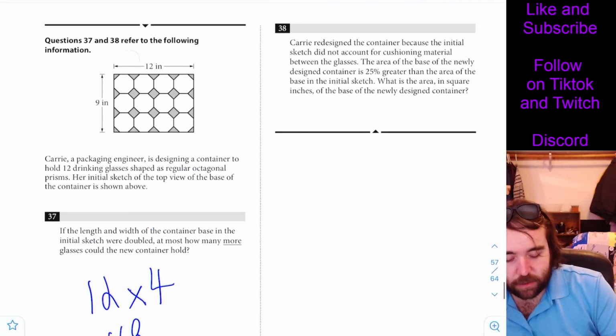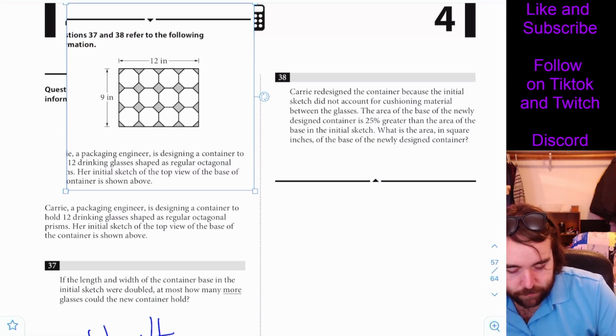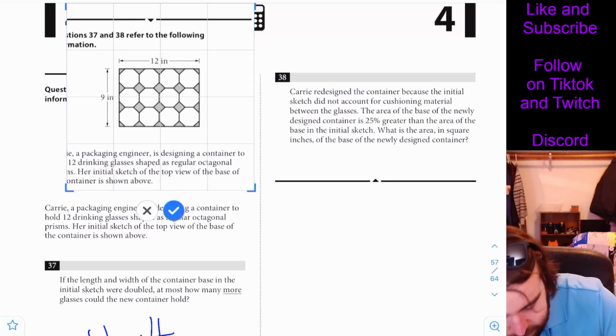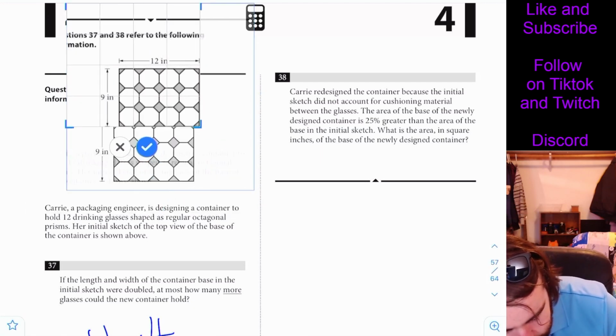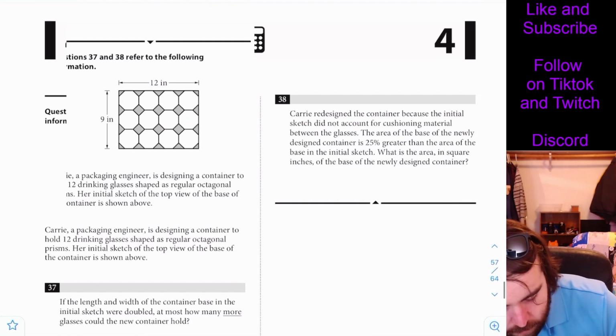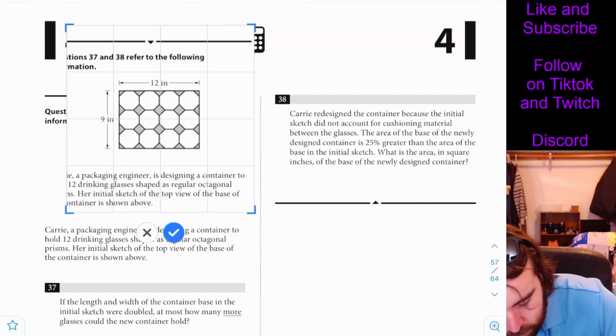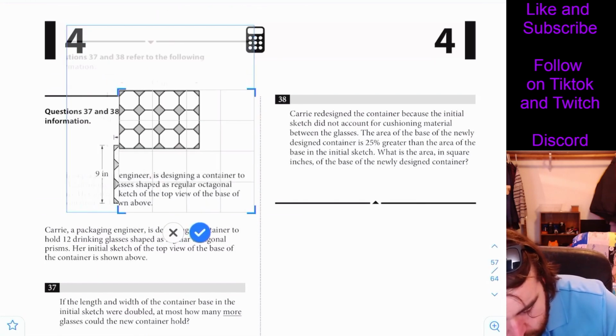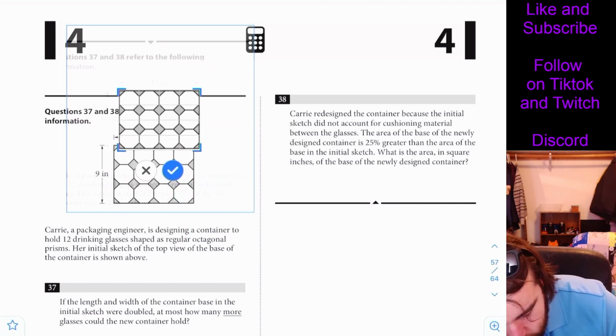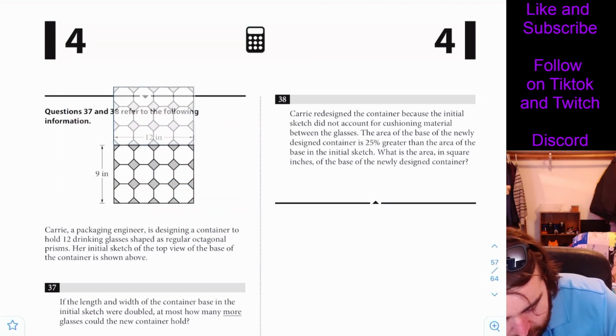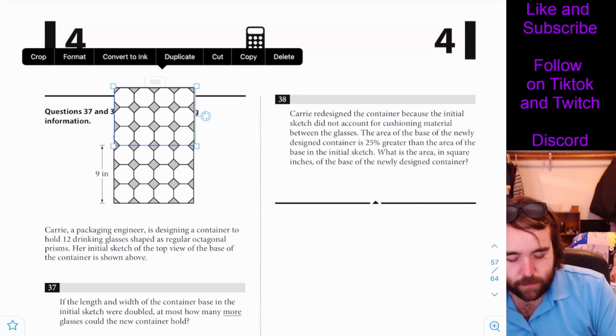And I could even show you with a quick copy and paste. Well, this is going to be a little dirty, but if we double the length, I'd have to crop that. Although, maybe that's worth it. So we go crop, and see how now that's doubling the height, right?